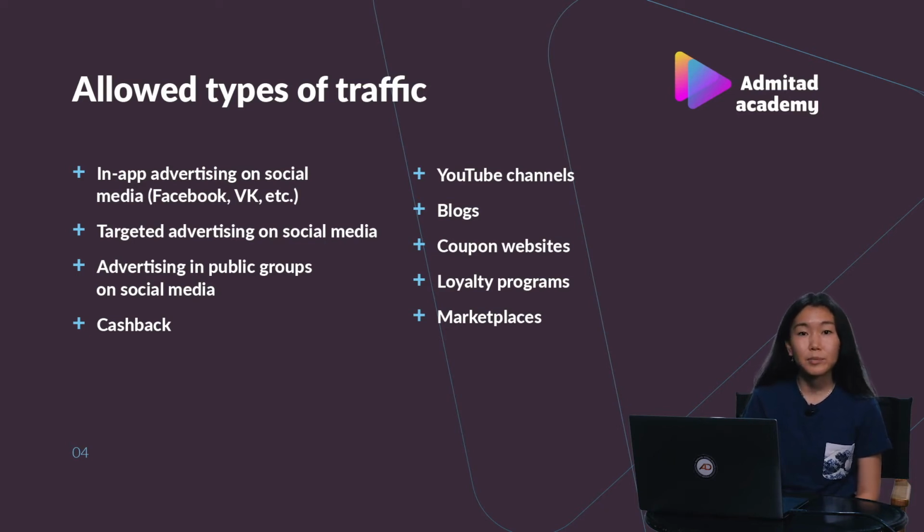For example, a publisher can create a page on Facebook and post affiliate links there and get commission from each purchase made through these links. So the allowed types of traffic are in-app advertising on social media, Facebook, Instagram, etc., cashbacks, YouTube channels, blogs, loyalty programs, coupon websites, and marketplaces.